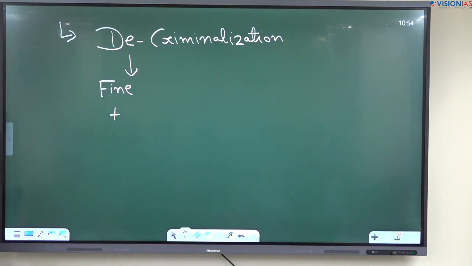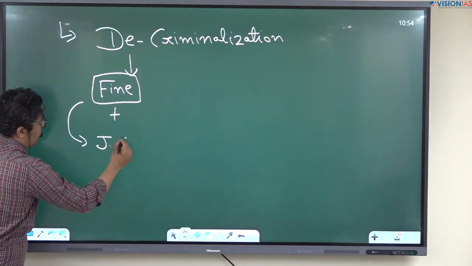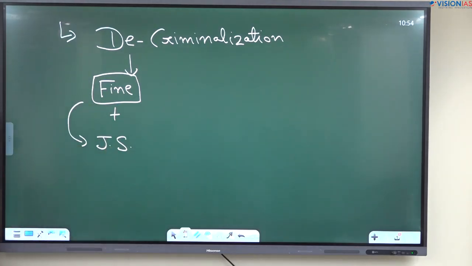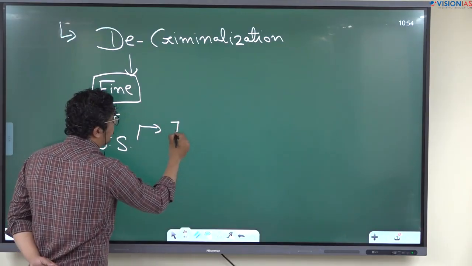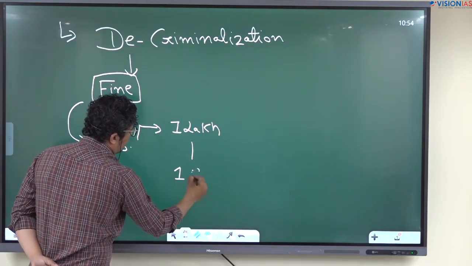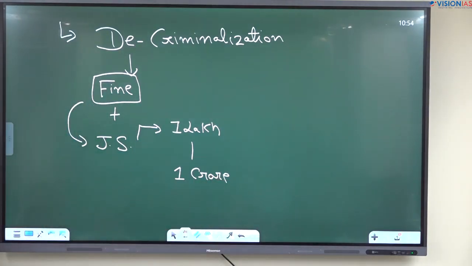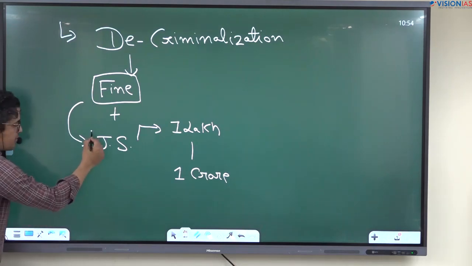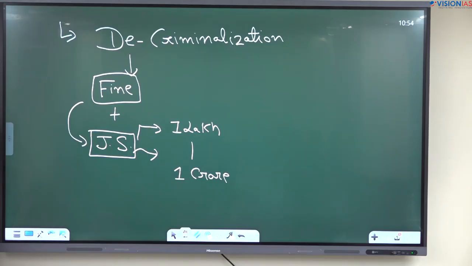And then there is another problem. Who will impose the fine? Who will decide the fine? A bureaucrat of joint secretary level. The limit of fine is 1 lakh to 1 crore. So understand, this person will decide how much money you have to pay.